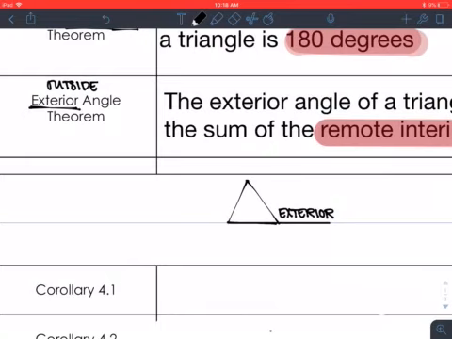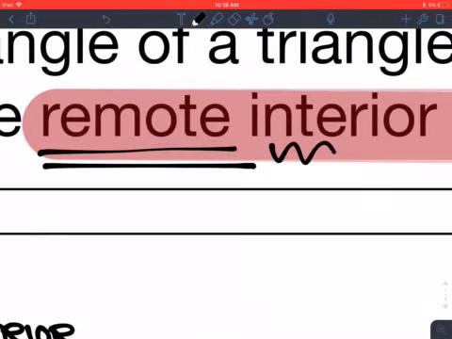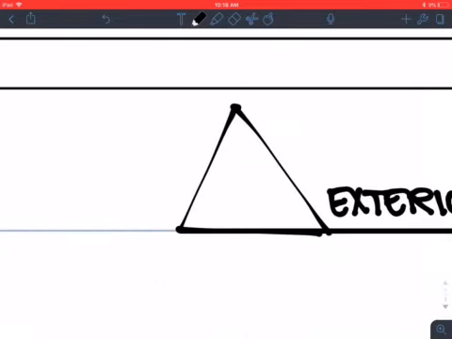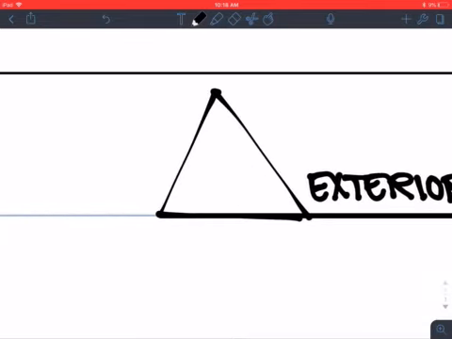the remote interior angles. This word remote, if we just think about it in our daily life, and I said a remote location, that means that that is a location that's far away or away from everything, right? And interior means that they're angles that have to fall on the inside of the triangle. So the remote interior angles in reference to this particular exterior angle are the two interior angles that are furthest away from the exterior angle.